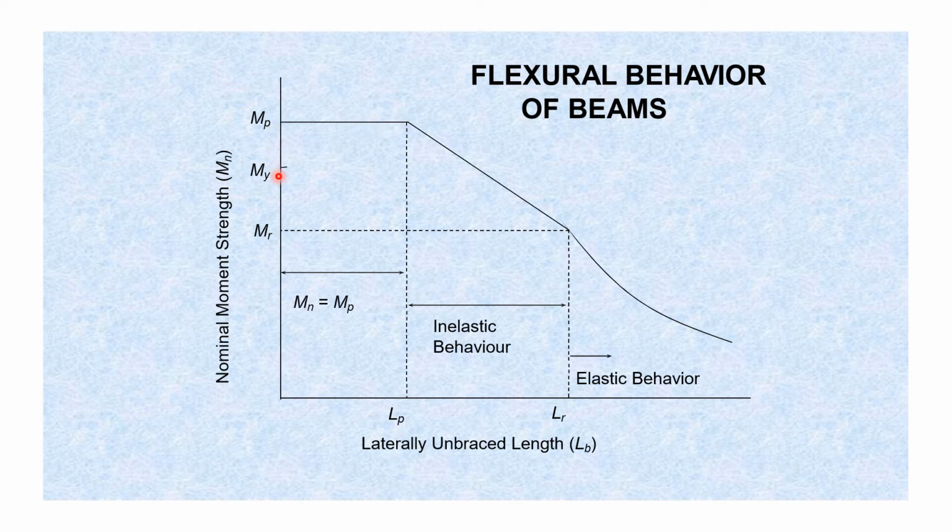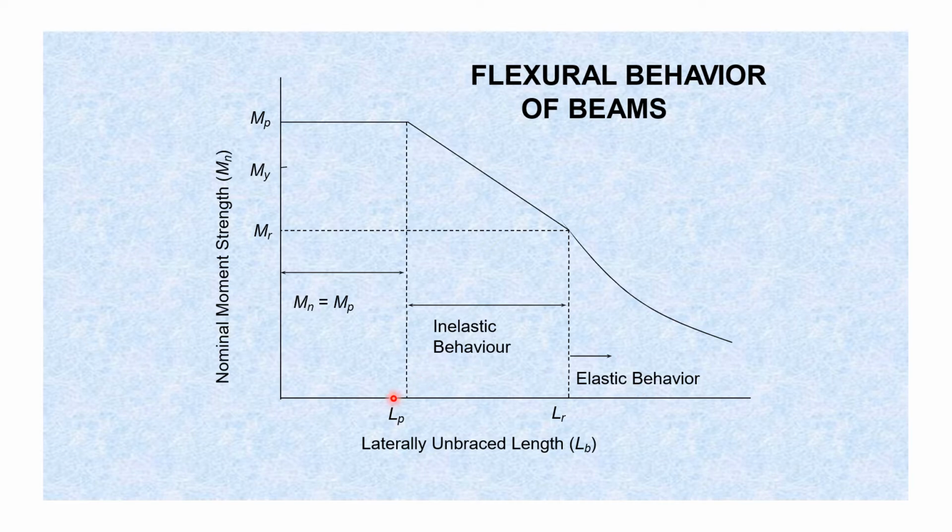Means the section will go from yielding to full plastification. When our laterally unbraced length LB is greater than LR, the section will go for elastic behavior. Means it will not go for yielding, it will go for local instability.